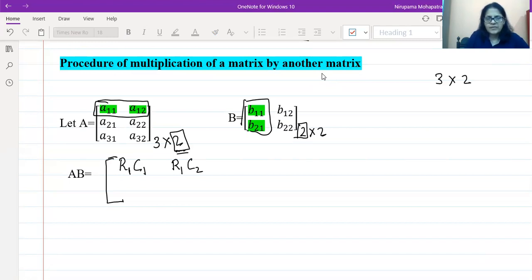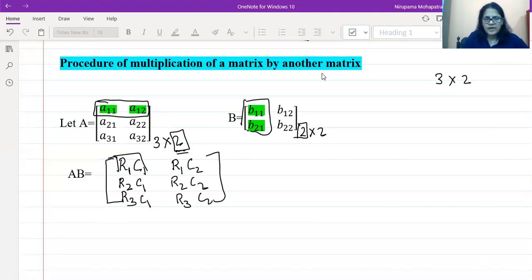Then we can write here R2C1, R2C2. We have 3 rows here, R3C1, R3C2. So whenever we write R1C1, let me consider this one.